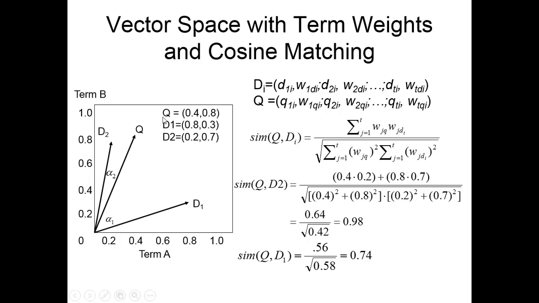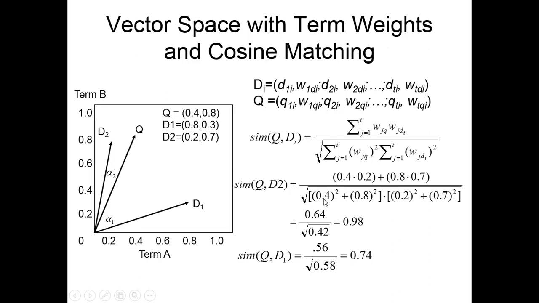In our case, if you compare the query in terms of term 1 and term 2 against document 2, since they are already weights, we just multiply 0.4 by 0.2 plus 0.8 by 0.7. This gives the summation of the product of query terms against document terms, divided by the length of the query multiplied by the length of the document.